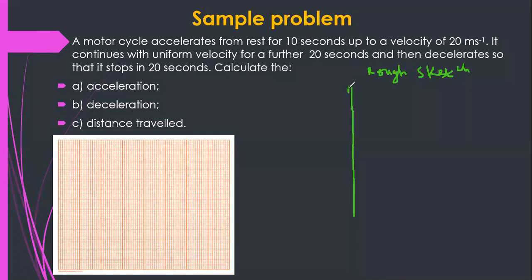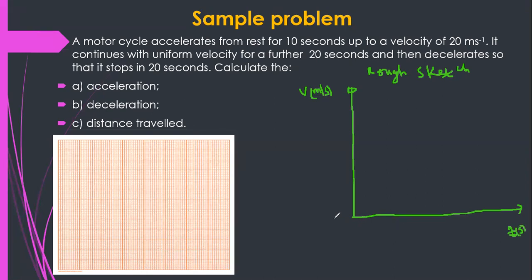This is our velocity axis, which is the y-axis, and we usually plot the velocity against time in a velocity time graph. Let's remember to put the units because it attracts marks in exams. Then we draw the horizontal axis or x-axis, which is going to be for the time taken. So we put t here and then we write the unit.